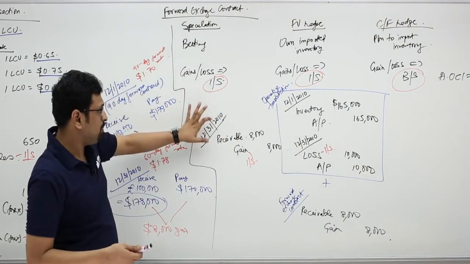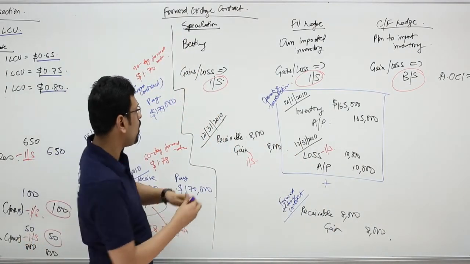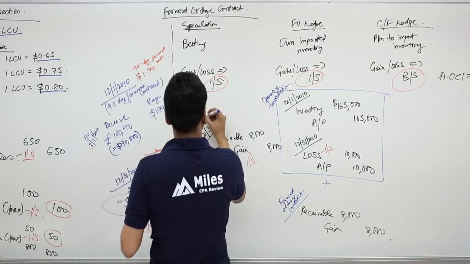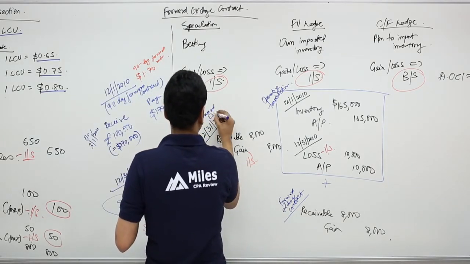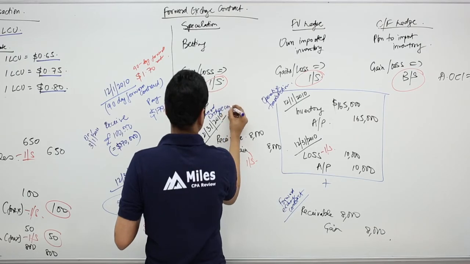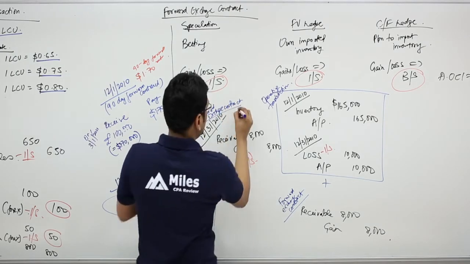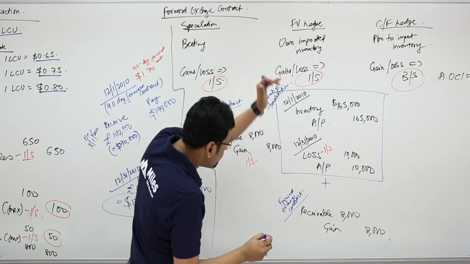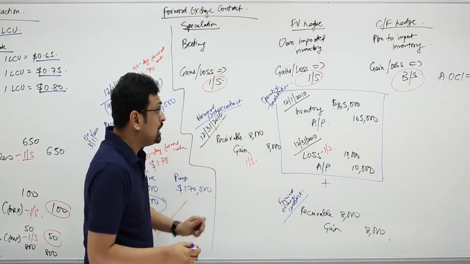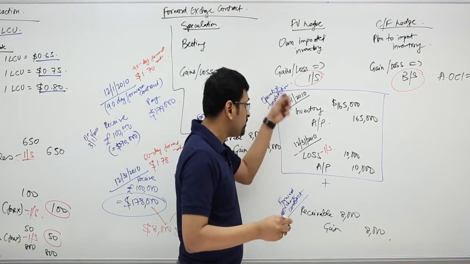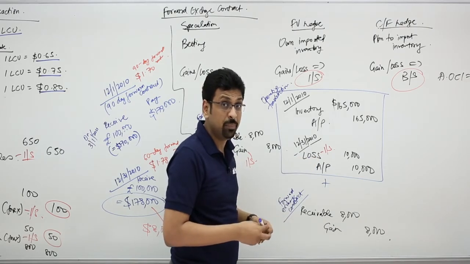So, in this case, speculation, there was only the forward exchange contract. Here, it's an operating transaction plus a forward exchange contract. So they've lost money on the operating transaction. It's a loss which has gone to the income statement.